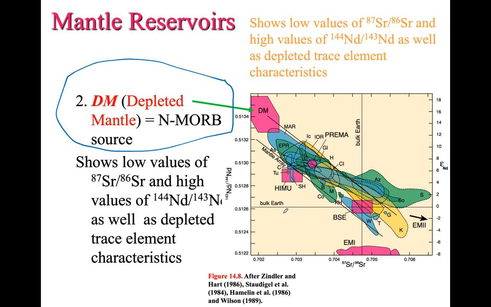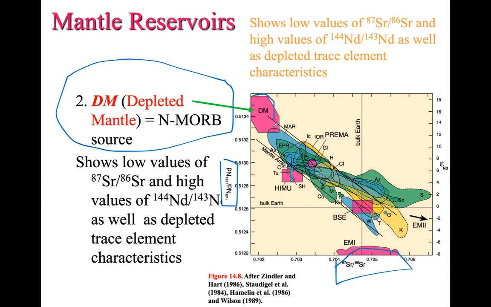Anyway, we can use these isotopic systematics to understand the geochemical behavior of our intended rocks. Since they have specific regions in these strontium-neodymium diagrams, whatever the isotopic systematics, you can have some fixed region for different end members.